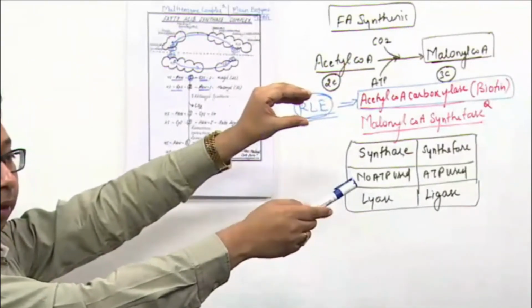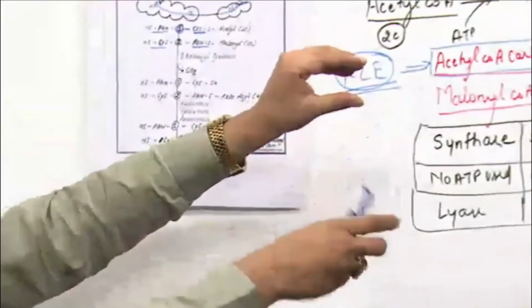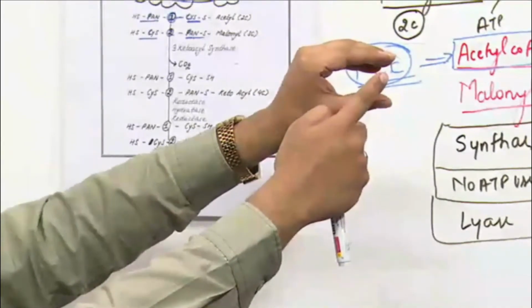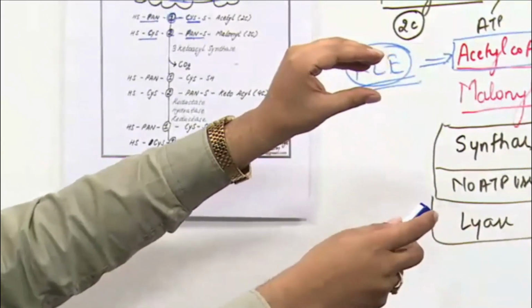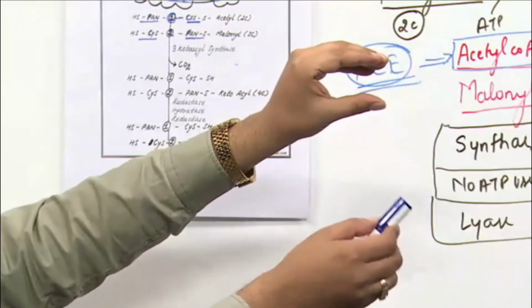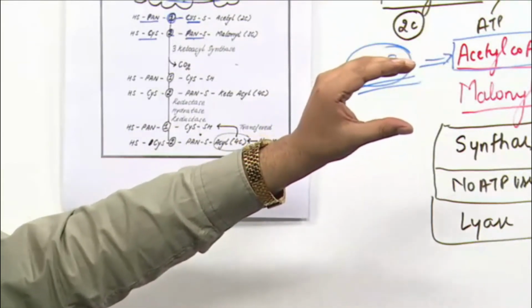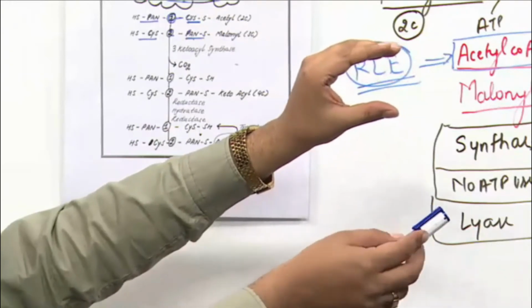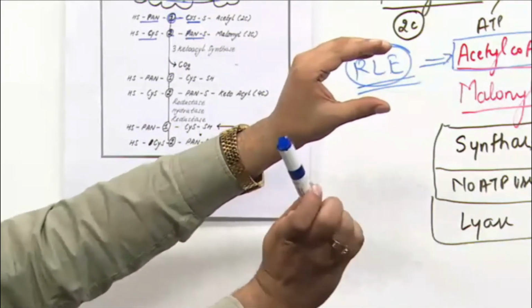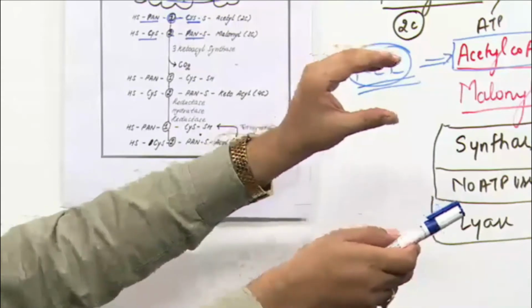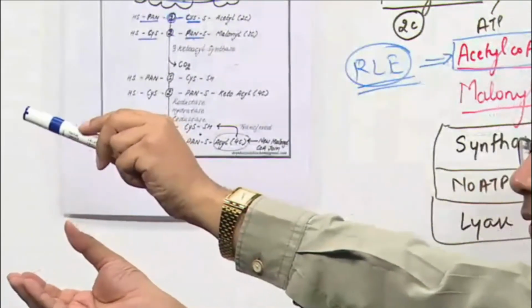The cysteine end binds with acetyl, and the pan end binds with malonyl. The acetyl group binds with cysteine, and the malonyl group binds with pan. On the opposite side, this is the pan end and this is cysteine.